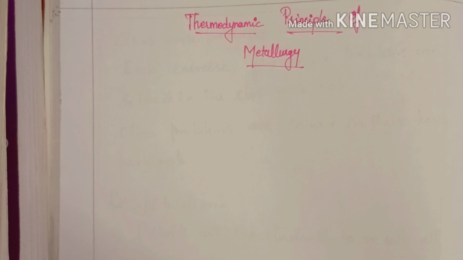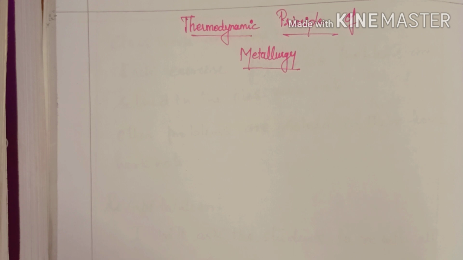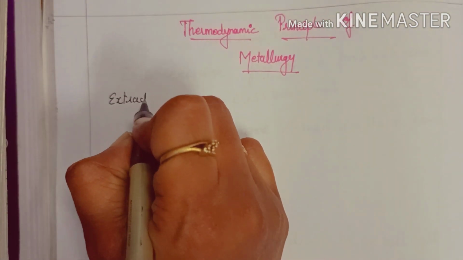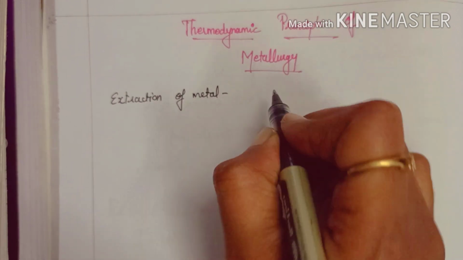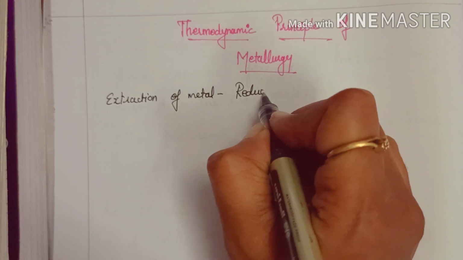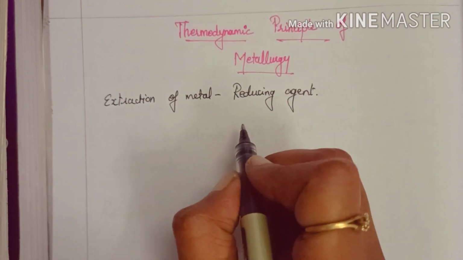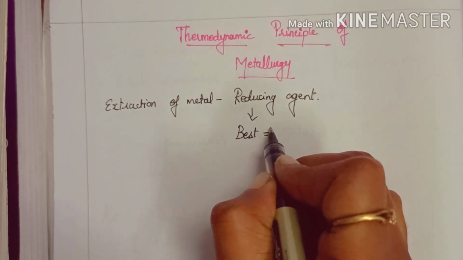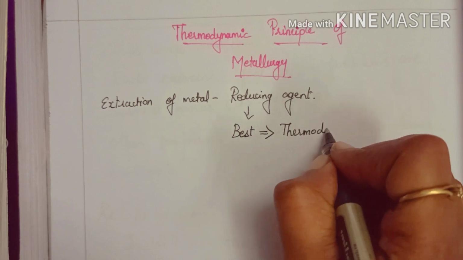Thermodynamic principle of metallurgy. We know that the extraction of pure metal requires reducing agents. The best reducing agent can be selected based on thermodynamics.